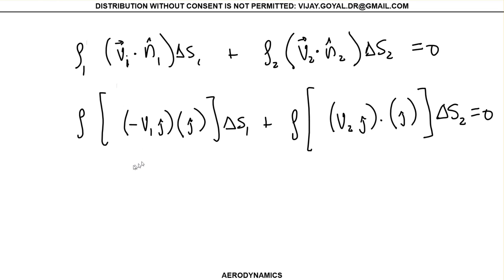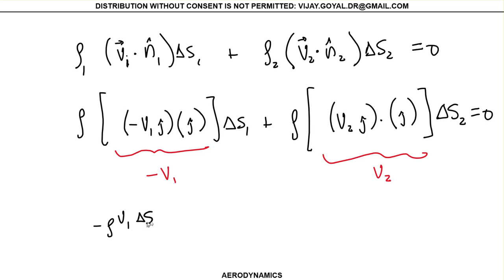This aspect right here gives you minus V1, and this gives you V2. So your equation becomes minus rho V1 delta S1 plus rho V2 delta S2 is equal to 0.